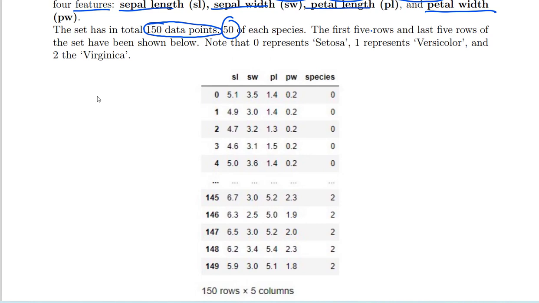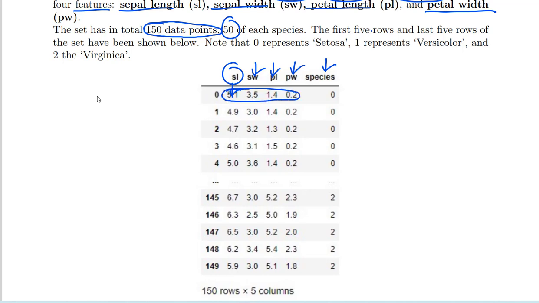So this is what the iris data set looks like in a pandas data frame. This column is the values for the sepal length, this column the values for sepal width, petal length, petal width, and the last column indicates the species to which each feature vector belongs.